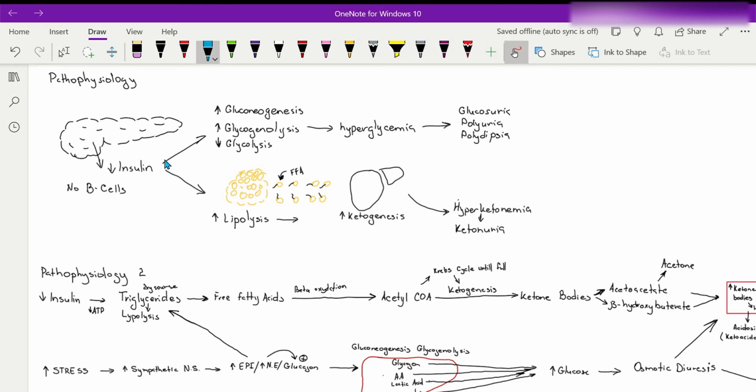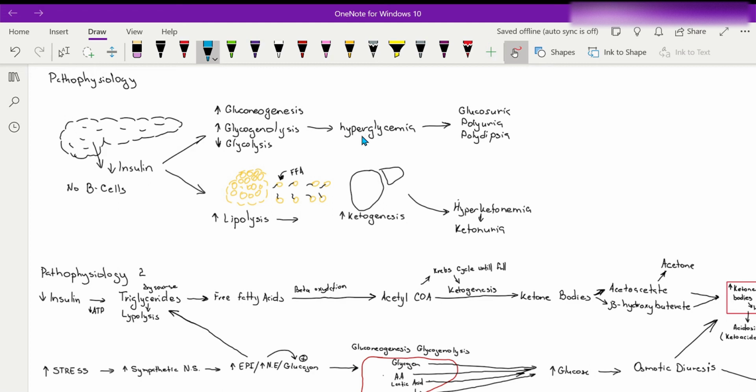A lack of the insulin and lack of supply of sugar into the cells of the body will lead to secondary mechanisms for producing sugar. So it will lead to increased gluconeogenesis in the liver, and increased glycogenolysis and glycolysis, that's breakdown of fats.